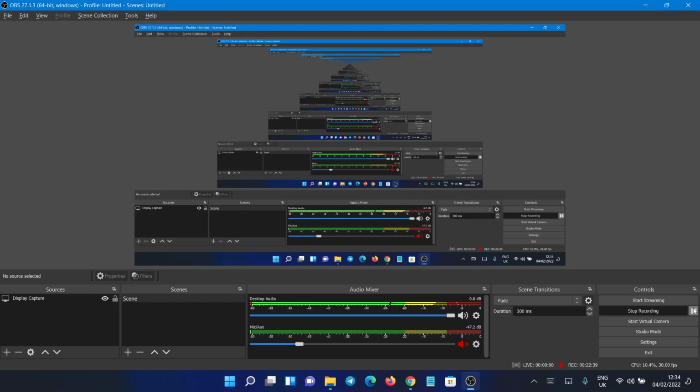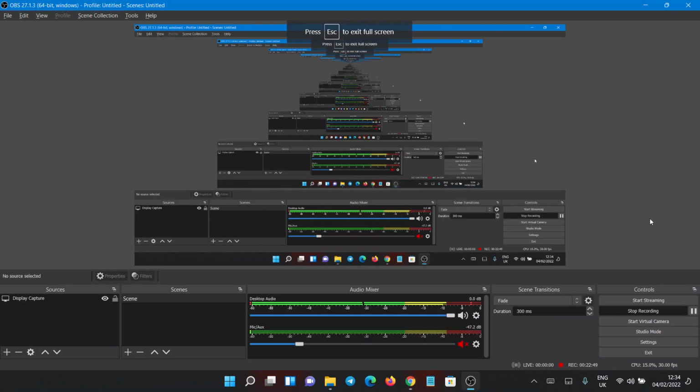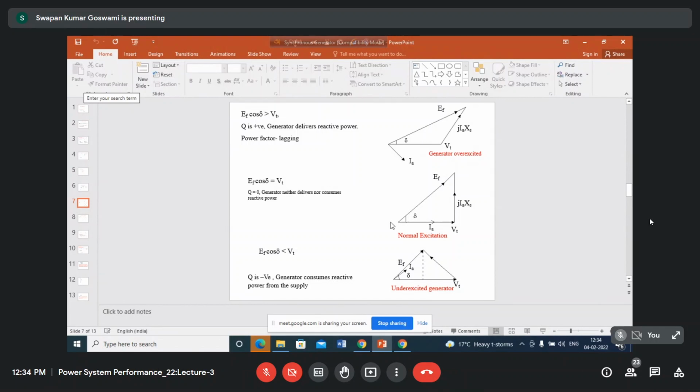The generator operating power factor is unity. So when the excitation is normal, this operating condition is called the normal excitation condition. Here, the generator power factor is unity. And when the excitation or the field current is greater than this value, then it is overexcited. When the field current is less than this value, then it is underexcited.